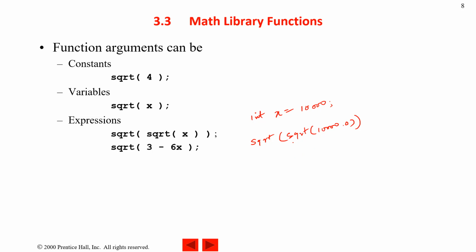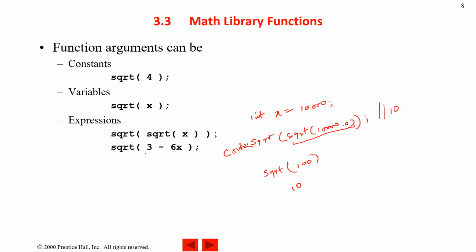Then we calculate the inner one first: the square root of 10,000 is 100. So this will become a square root of 100, which will then become 10. If I write cout of this, the output will be 10, because the inner call is computed first and forms the input argument of the second call, and the final value is 10.